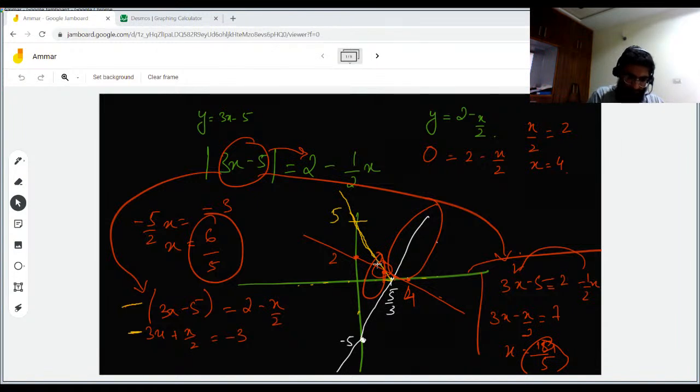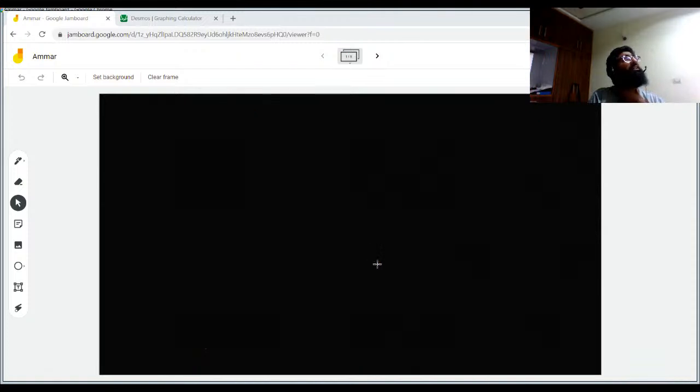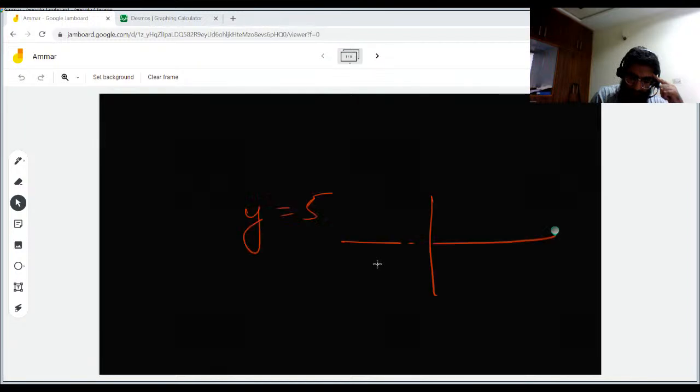If you remember from our previous class, when we talk about inequalities, we get regions. So for example, we have got y is equal to 5. It would give me a line parallel to the x-axis, y is equal to 5.